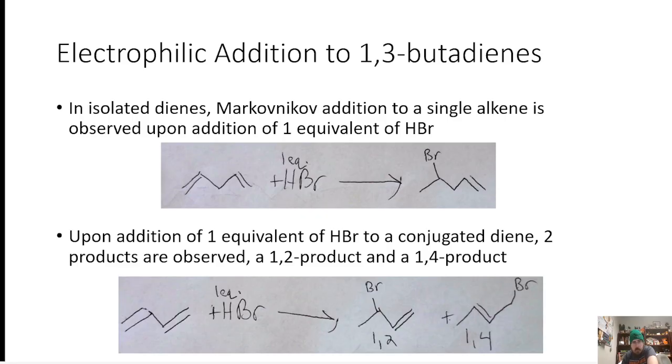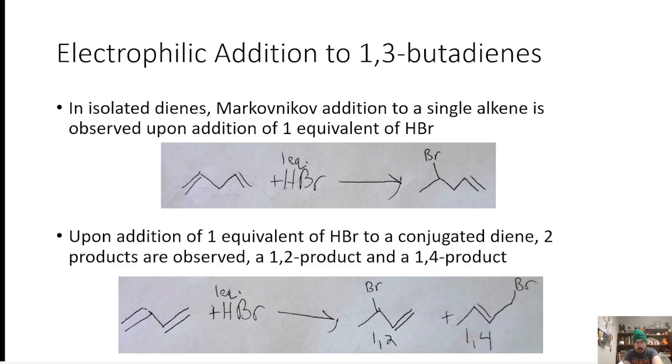But remember, how did this occur? Markovnikov addition first adds, the diene attacks the hydrogen, thus forming a carbocation on the secondary carbon and a bromine anion. The bromine anion now attacks the carbocation.